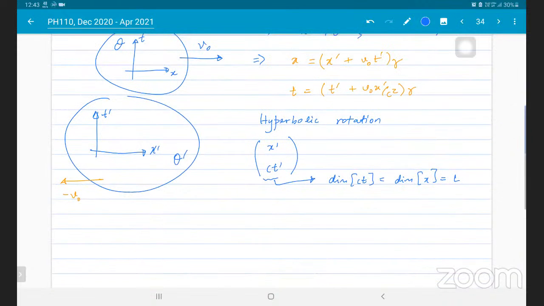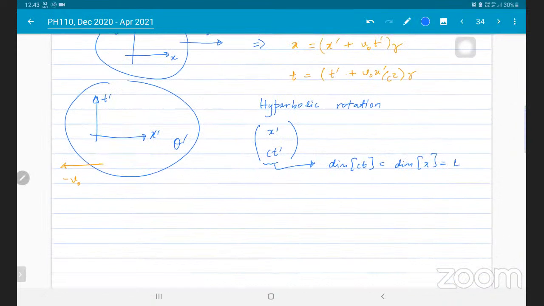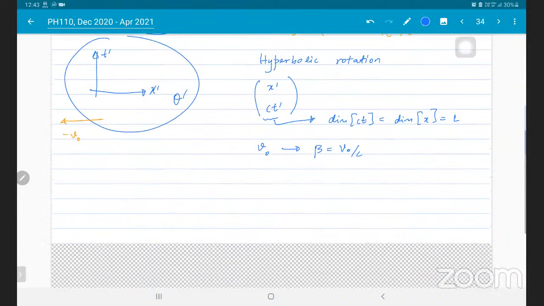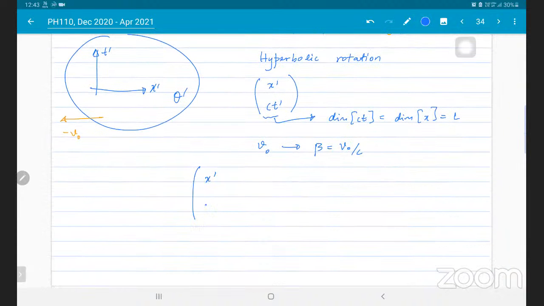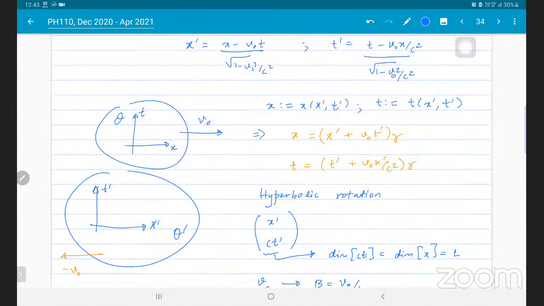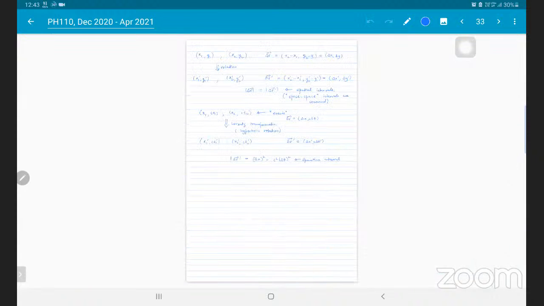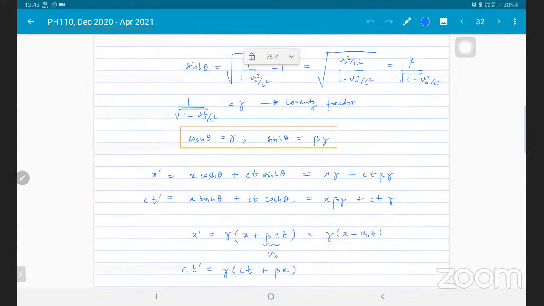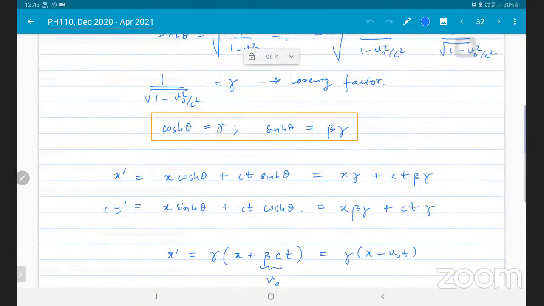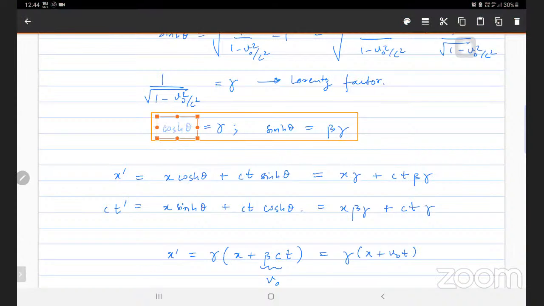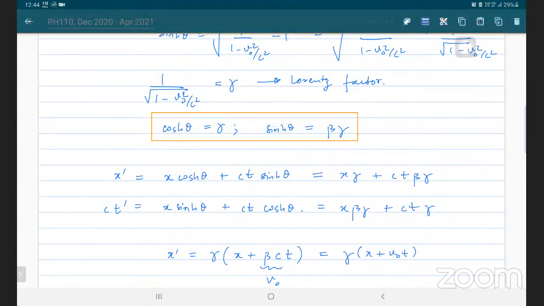And if we write this in this way, and instead of v naught we use beta, which is the ratio of v naught by c, then we can write x prime, ct prime in terms of x, ct. So gamma becomes cosh theta, and beta gamma becomes sinh theta.